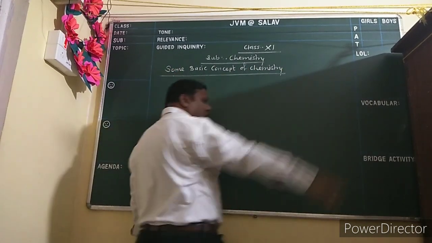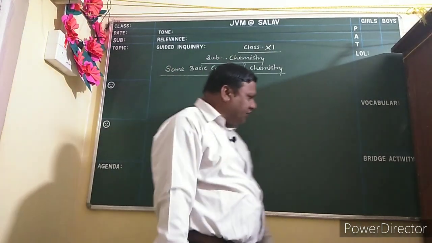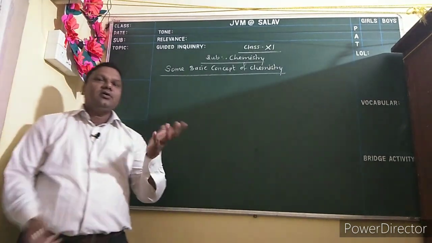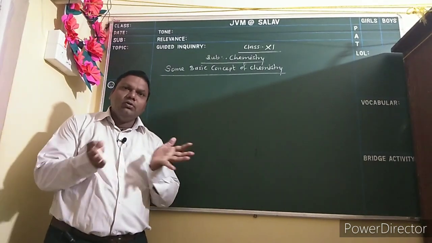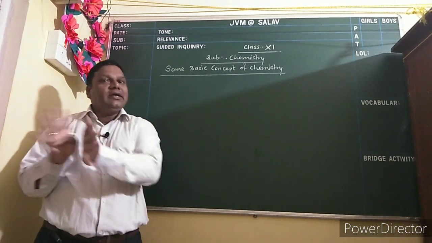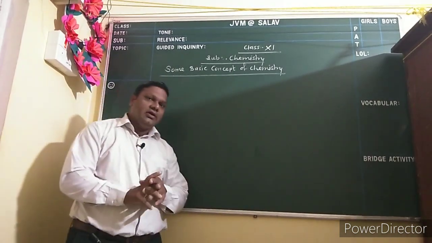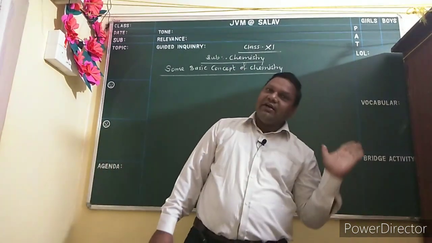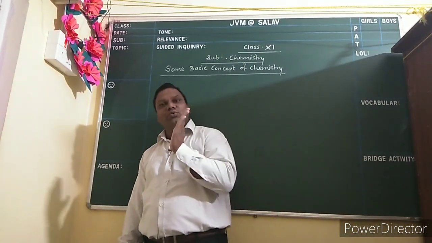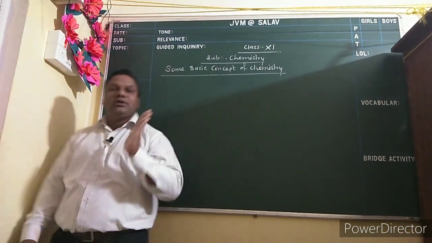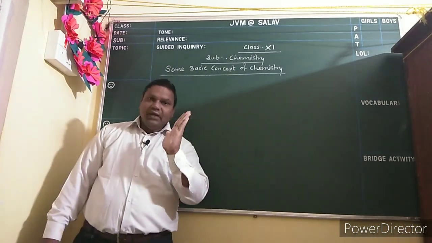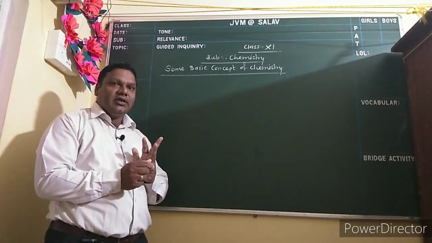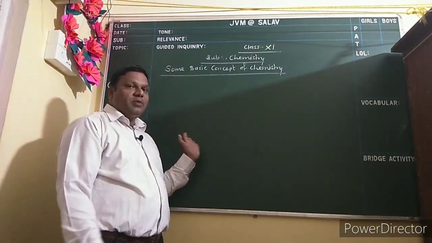Okay, and you know very well the definition of chemistry. From class 9th onward you have studied some part of chemistry, and you are familiar with it. Chemistry is defined as the branch of science which deals with the study of chemical composition, its nature, its properties and its phenomena.